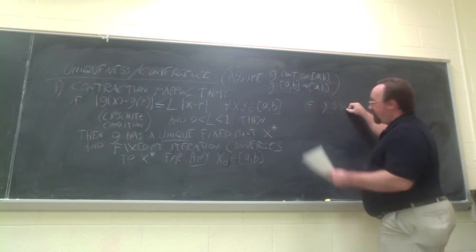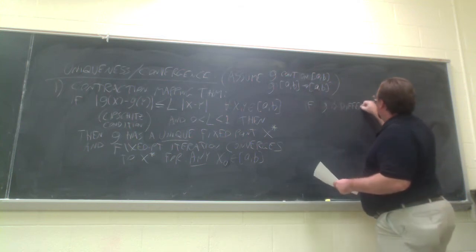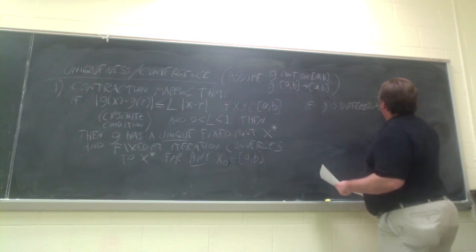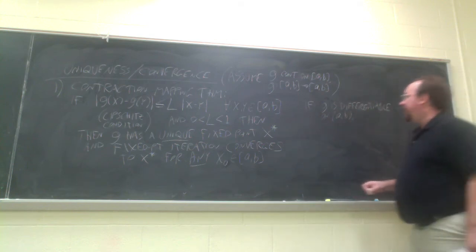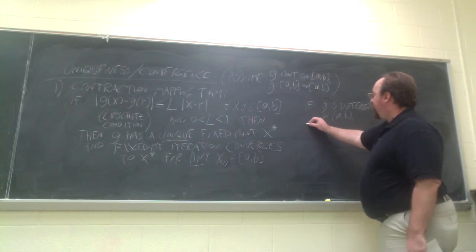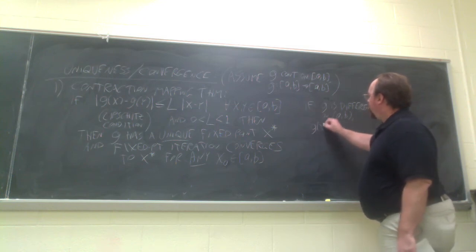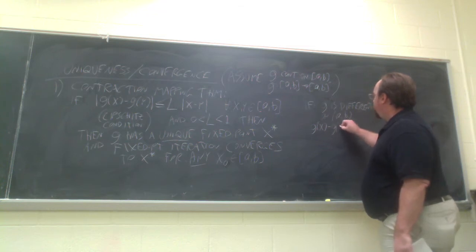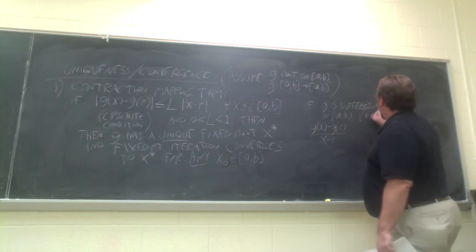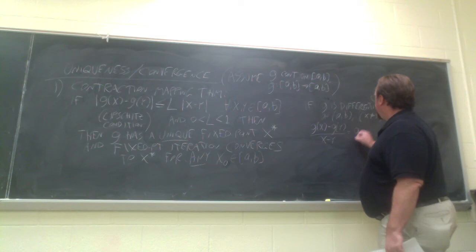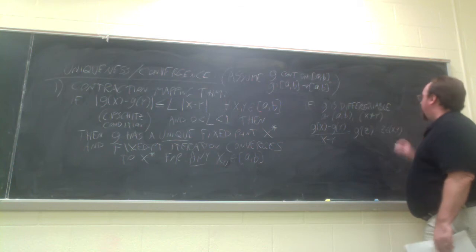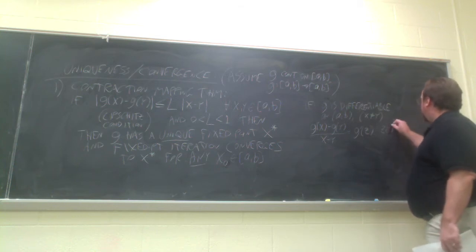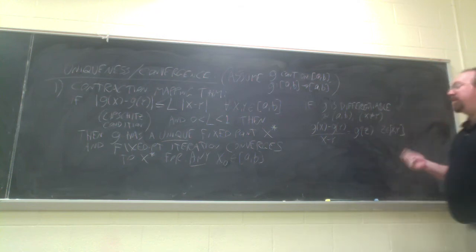If G is differentiable, so if the derivative exists, at least on the open interval AB, then we have (g(x) − g(y))/(x − y), and I'm going to assume here x is not equal to y, that is equal to g prime of z, where z is between x and y, by the mean value theorem.